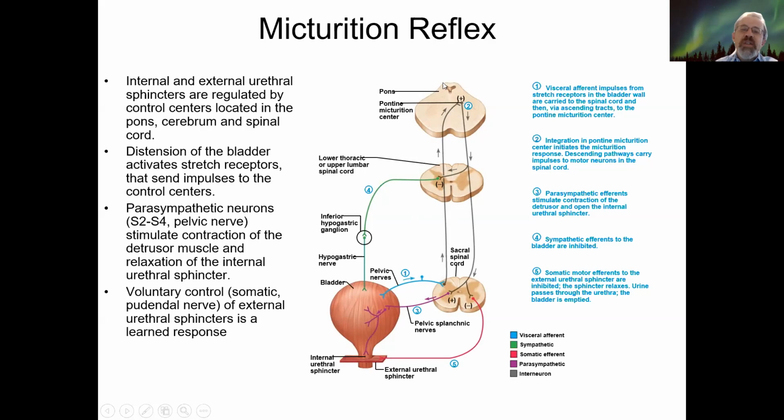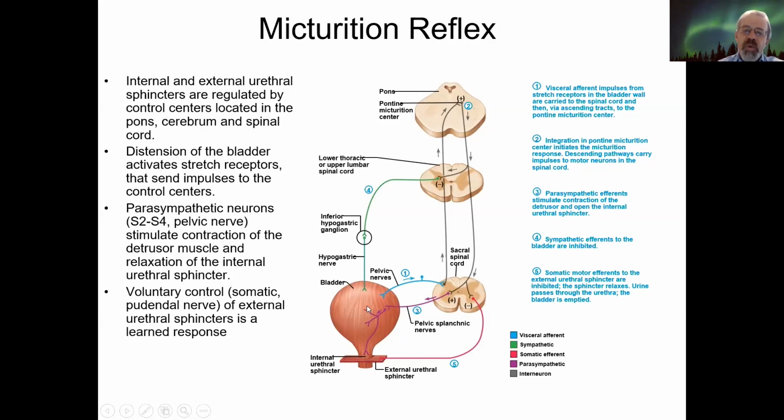Once the neurons reach there, this activates the parasympathetic pathway, which comes down, and this does two things. This stimulates contraction of the detrusor muscle, and it also triggers relaxation of the internal sphincter. So you see this kind of a purple neuron?